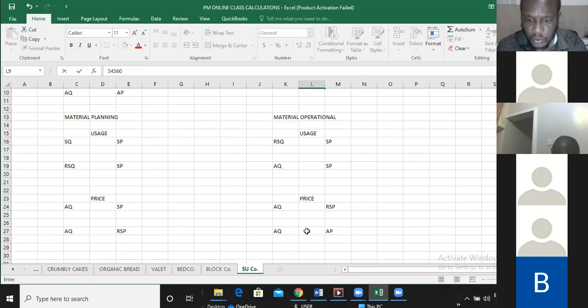Let's get to the end. Maybe they will give us information, but we need actual price, and we don't have actual price for material. Usually actual quantity and actual price will be given to you in total, and I've not seen anything.